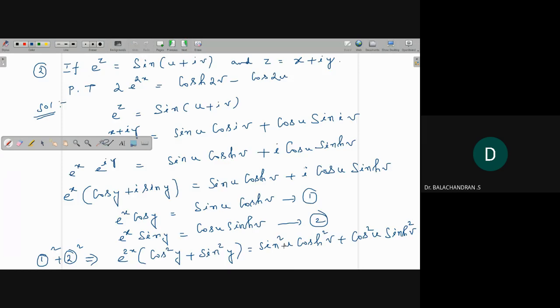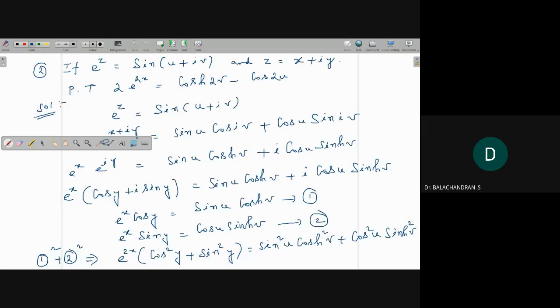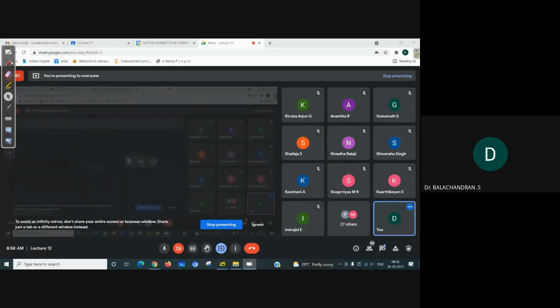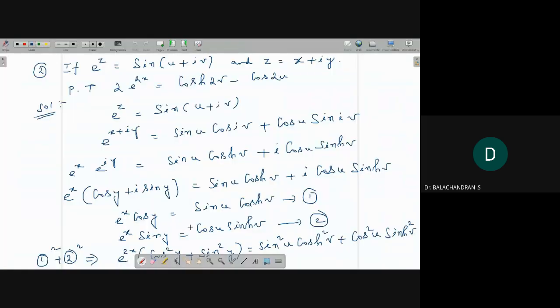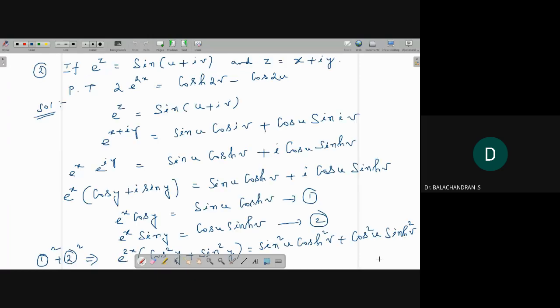Right hand side is what? Instead of sin square u, I am going to write 1 minus cos square u, into cos h square v, plus cos square u.